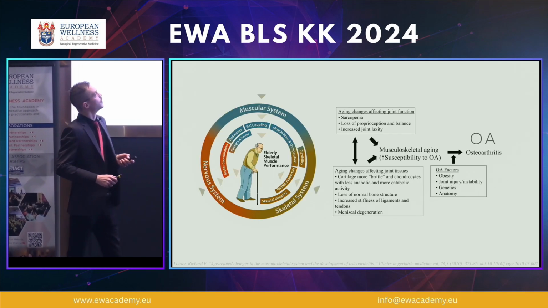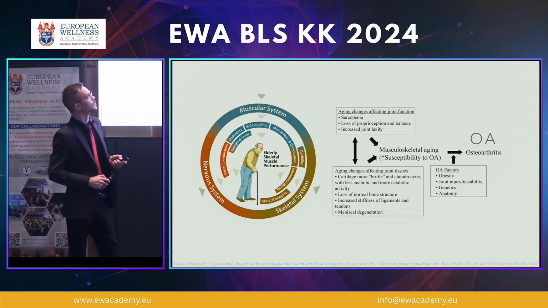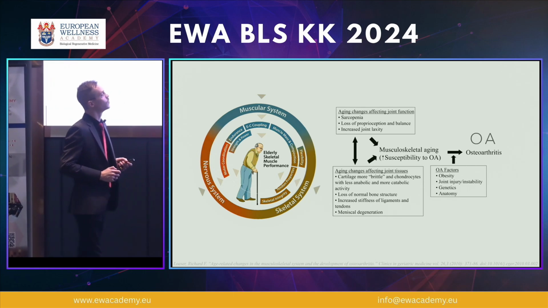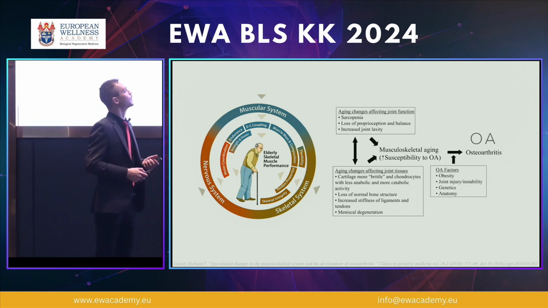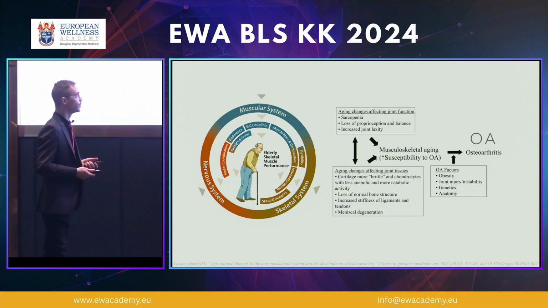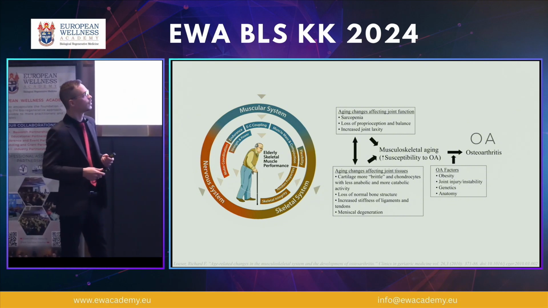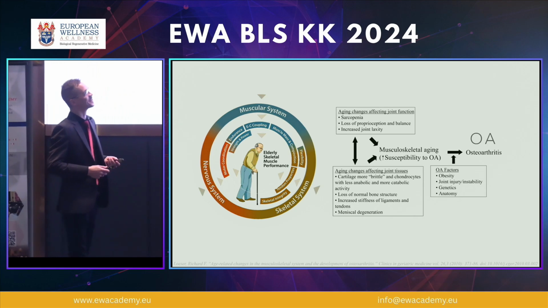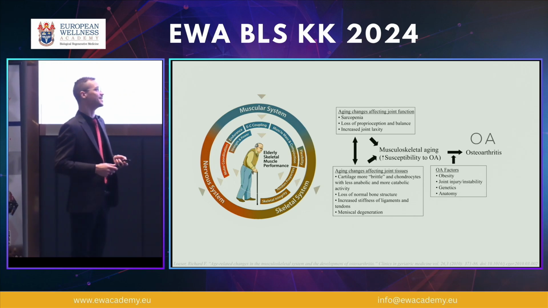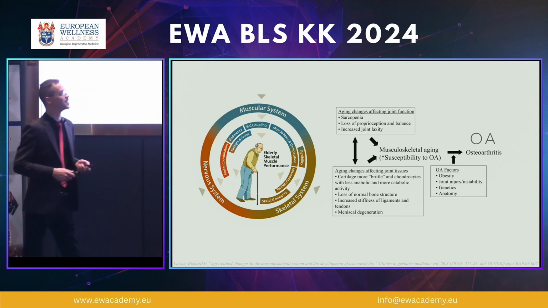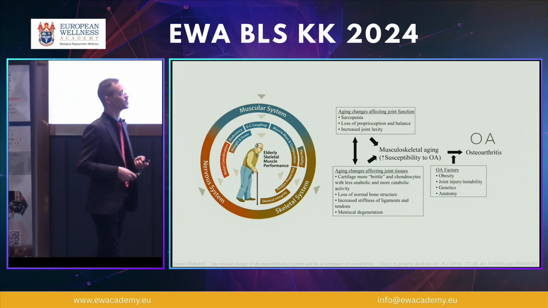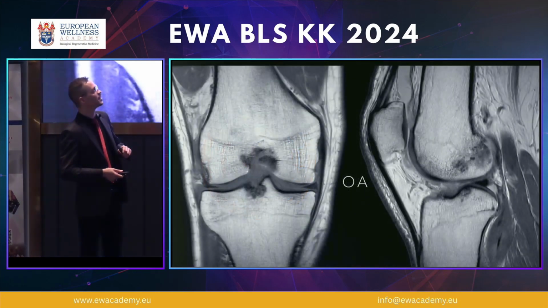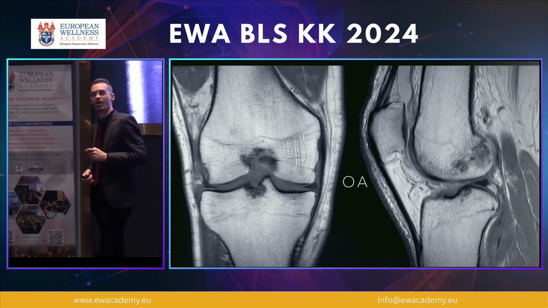So, taking all of these factors, such as aging changes affecting joint tissues, such as sarcopenia, which is loss of muscle mass, such as osteopenia, we can observe musculoskeletal aging, and in certain cases, especially with such factors as obesity, joint injury, genetic predisposition, or special cases of anatomy, we are facing such condition as osteoarthritis.